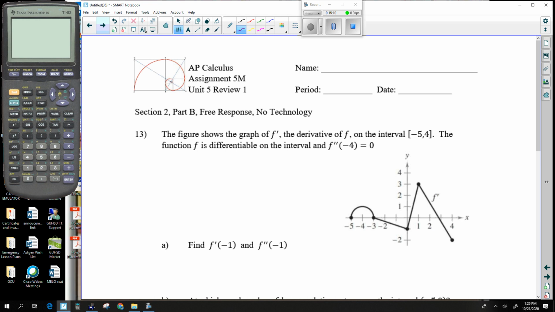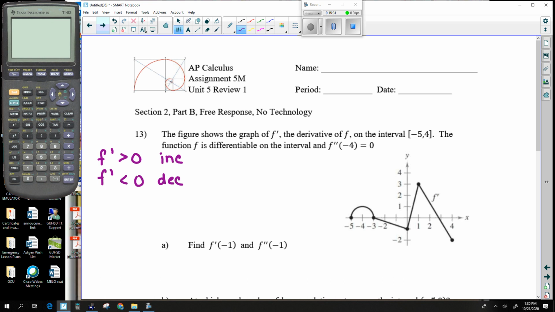Okay, so this is a graph of the derivative. So don't think that this is a graph of f. This is the derivative. So things that we know about the derivative is that if the derivative is positive, that means the original is increasing. If the derivative is negative, that means it's decreasing.